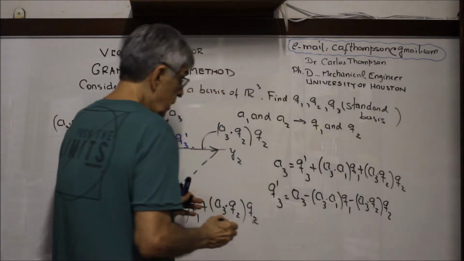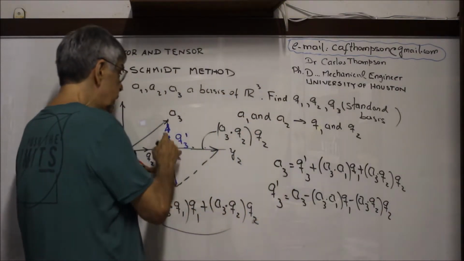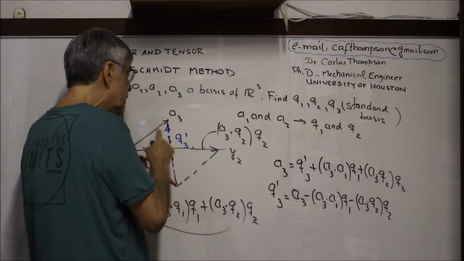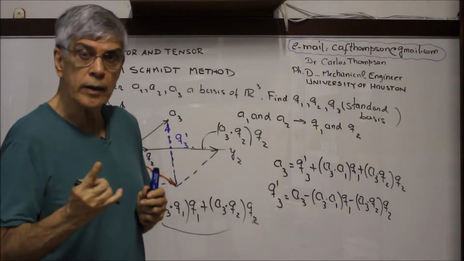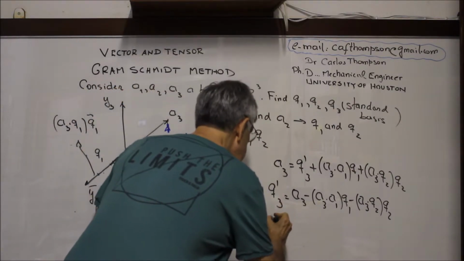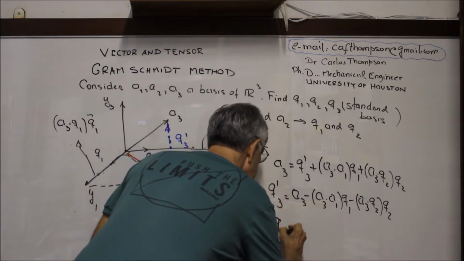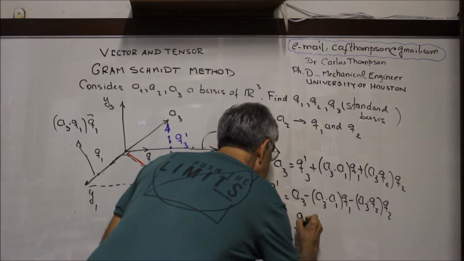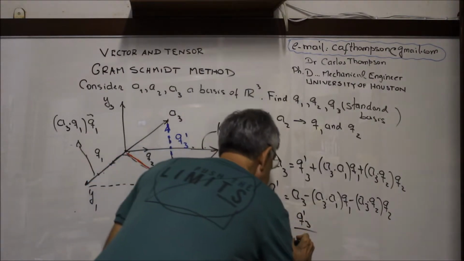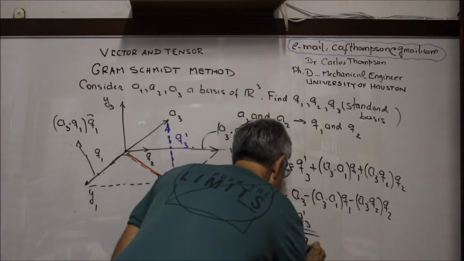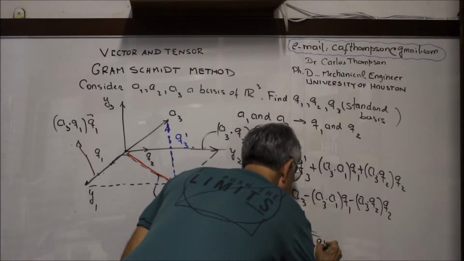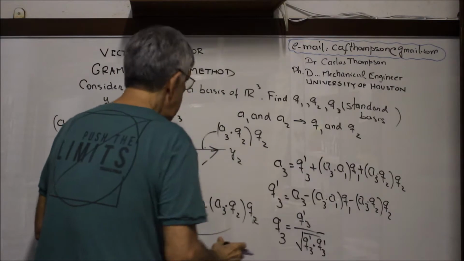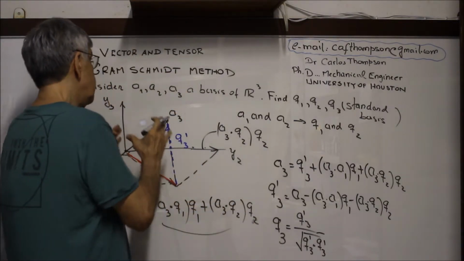You see? Now, the magnitude of Q3 is not necessarily 1. So Q3 is equal to the vector Q prime 3 divided by the square root of Q prime 3 dot Q prime 3.